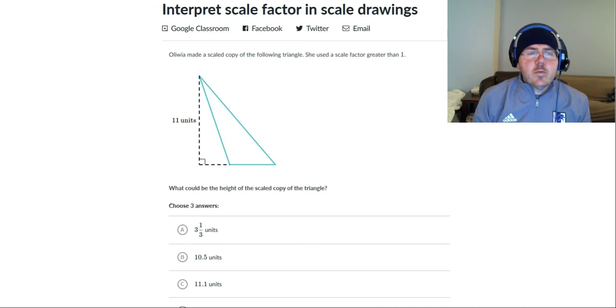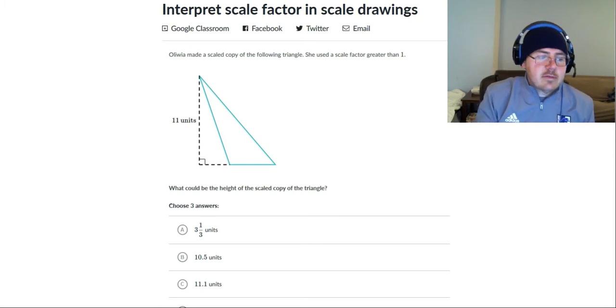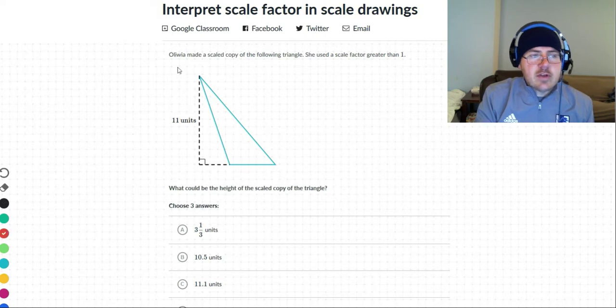Okay, so interpreting scale factor in scale drawings. There's some very specific language here it's asking you to understand, and it's right here. Read these directions. Olivia made a scaled copy of the following triangle. She used a scale factor greater than 1. This is the sentence you need to focus on.